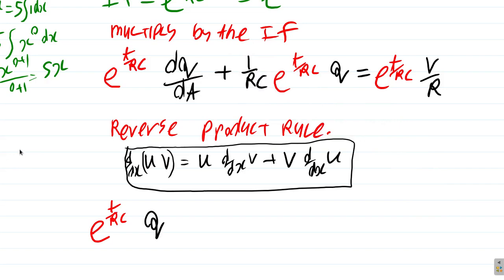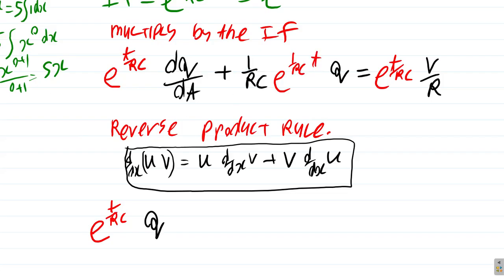When you differentiate e to the t over rc, it's like you're differentiating 1 over rc by t. Let's write that. It's 1 over rc by t.